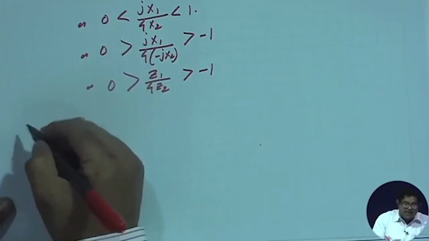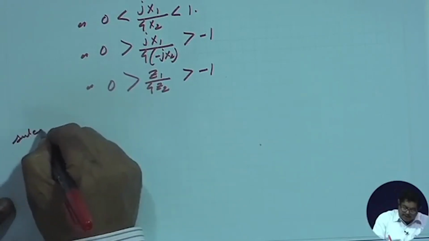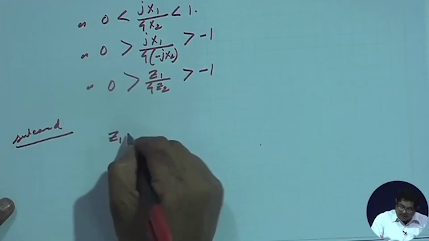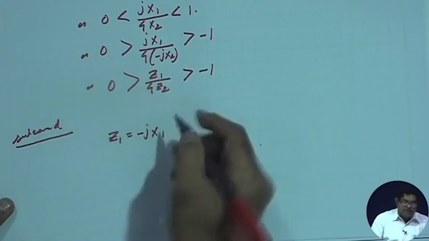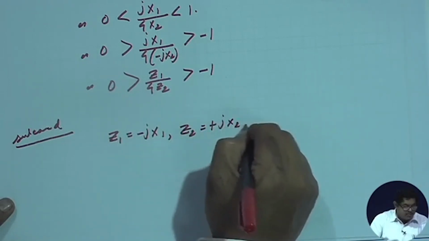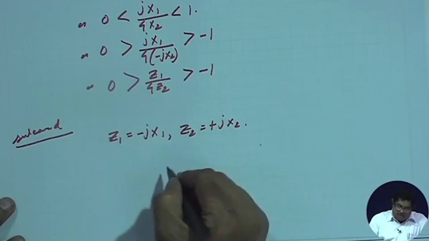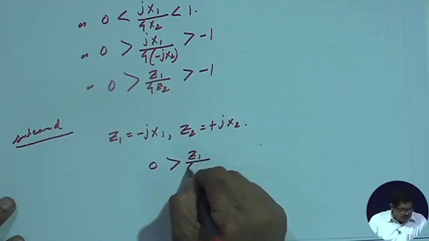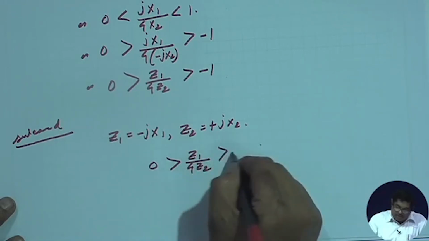Let us see subcase D: Z1 is equal to minus jx1, Z2 is equal to plus jx2. Again, if you do this, you get the condition that 0 is greater than Z1 by 4 Z2, which is greater than minus 1.